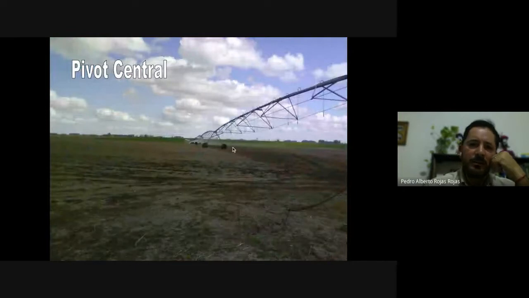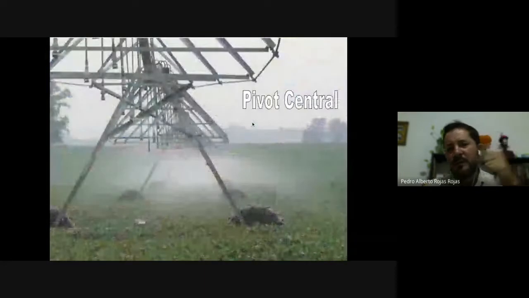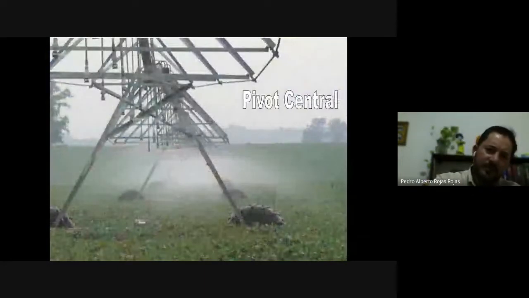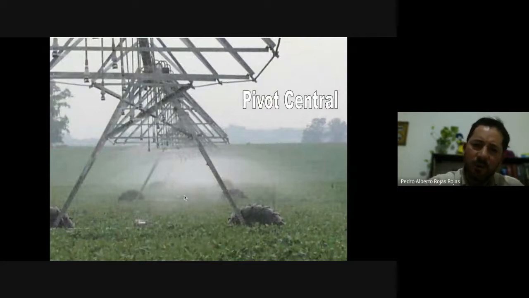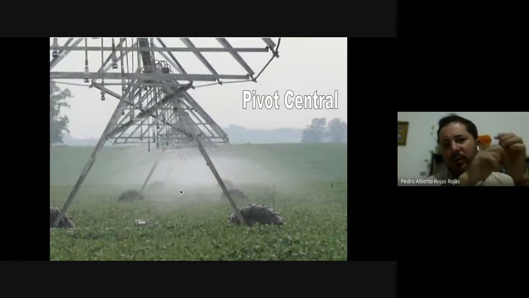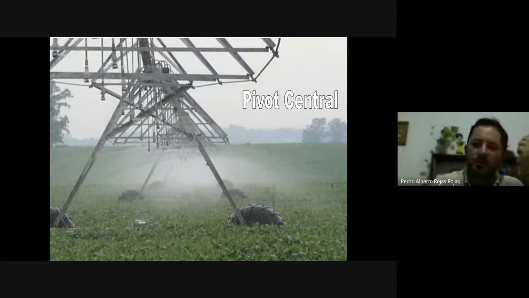The central pivot is like an advancing system, with the same structure. The difference is the way of watering in the farm. This central pivot is like raining on the crop. It's very useful in corn and also in potato crops in the north of Sinaloa.